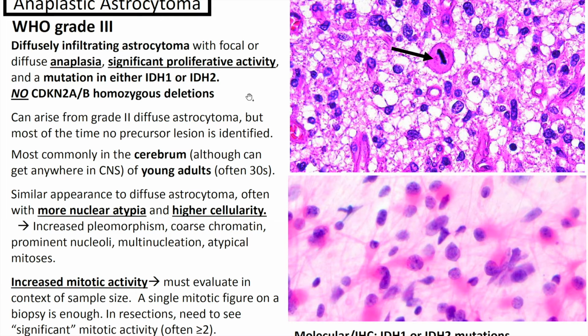You often also have increased pleomorphism, coarse chromatin, prominent nucleoli, multinucleation, and atypical mitoses, all of which you can see in this image here. We've got a nice mitosis, we've got some prominent nucleoli that we can appreciate with some nuclear atypia as well.